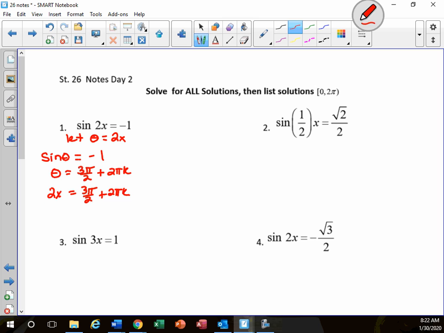Some of you have looks that tell me you're wondering what you do by letting theta equal 2x. It's just showing you, okay, I can tell you where sine of theta equals -1, and then you're replacing that back to what we have to actually solve for. It's kind of just a step along the way to help you think back to your basic unit circle, because now I can solve for x.